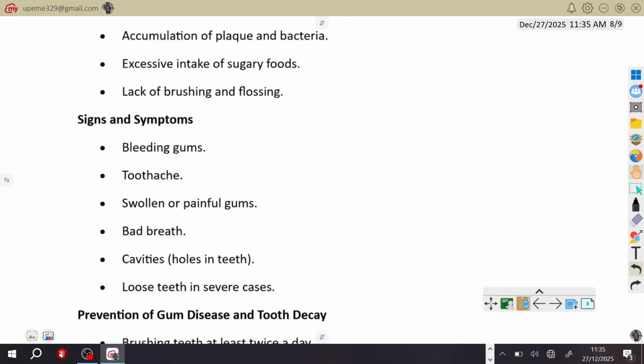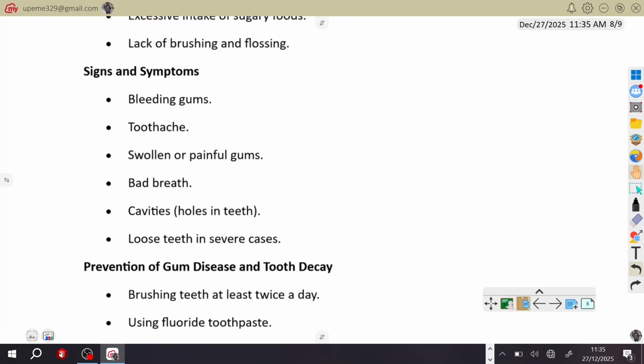Then cavities or holes in the teeth. So if your teeth have got holes in them, those are the signs that you have gum disease or tooth decay. Loose teeth in severe cases, like if your teeth are not strong, they are shaking, it is already a sign that you have gum disease or tooth decay.